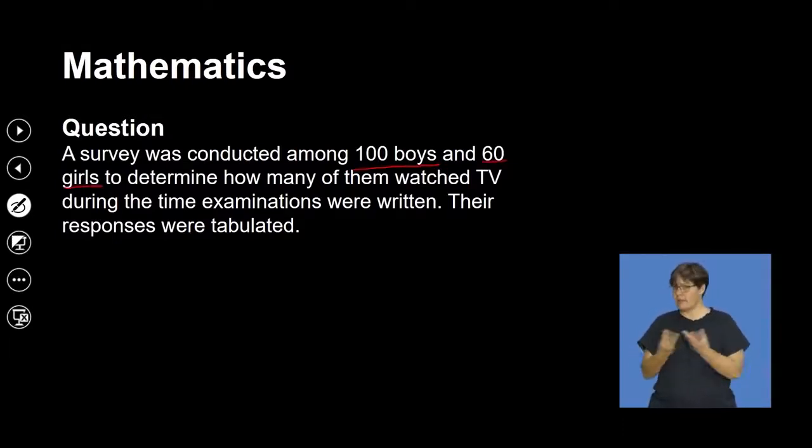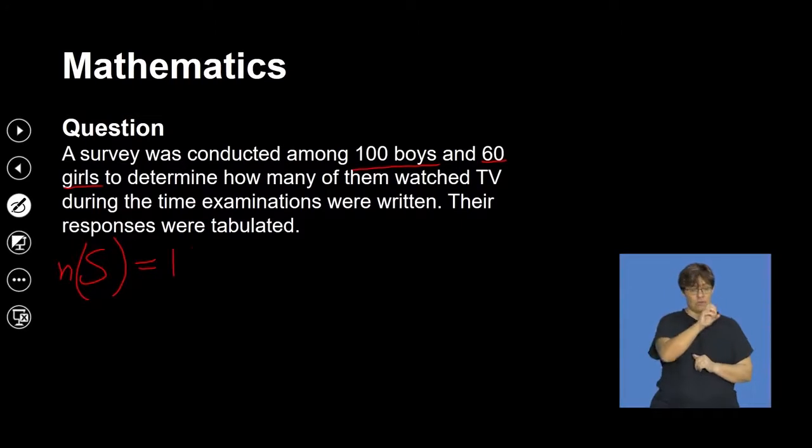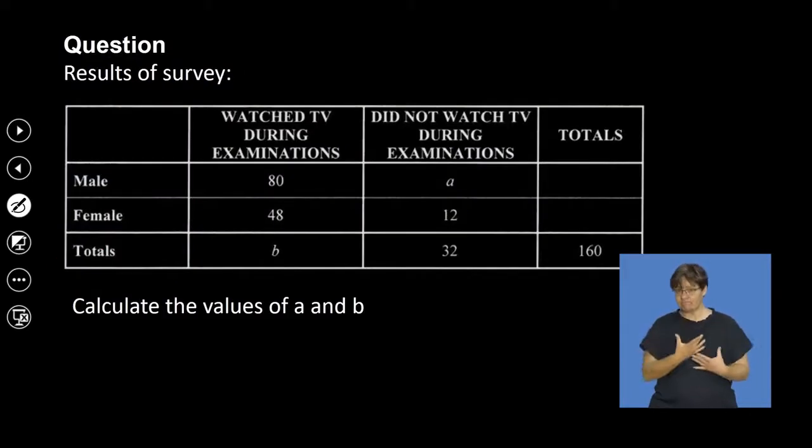So immediately, before I've even looked at the data, I recognize that the size of the sample is going to be 100 plus 60, which is 160. So it now tells me that this information is being tabulated in the data, and there it is.